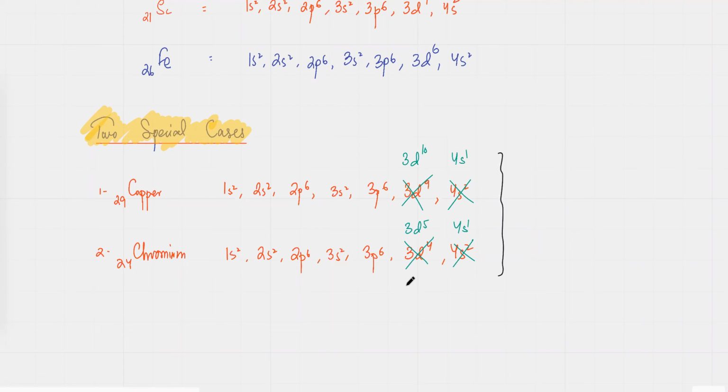In this case, half-filled and completely filled electronic configurations are considered to be more stable.